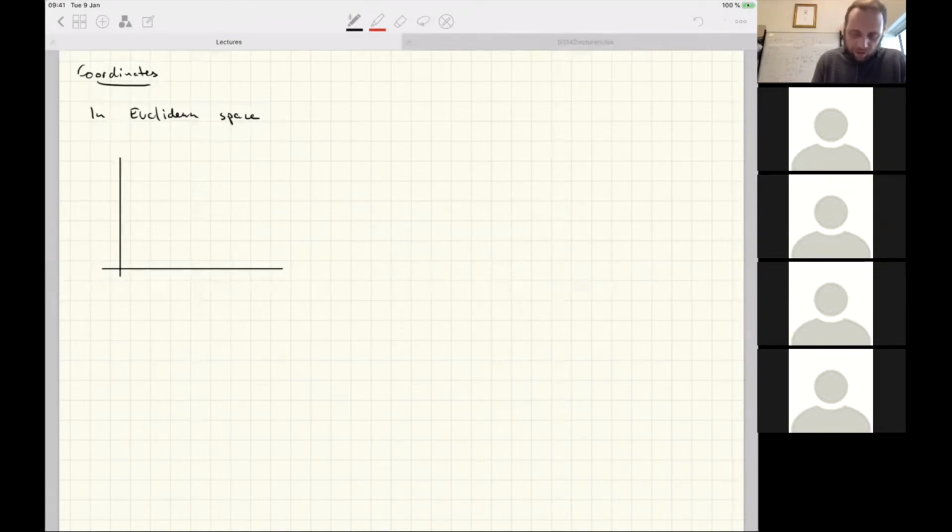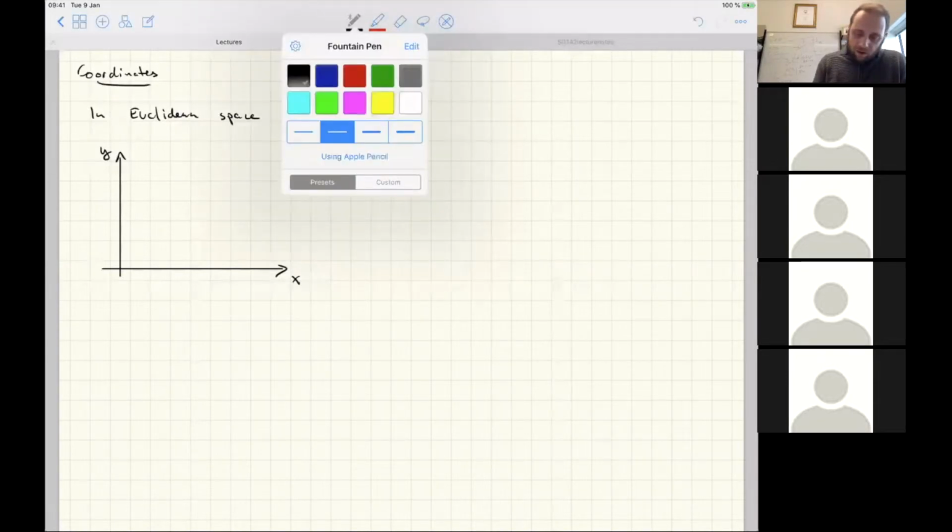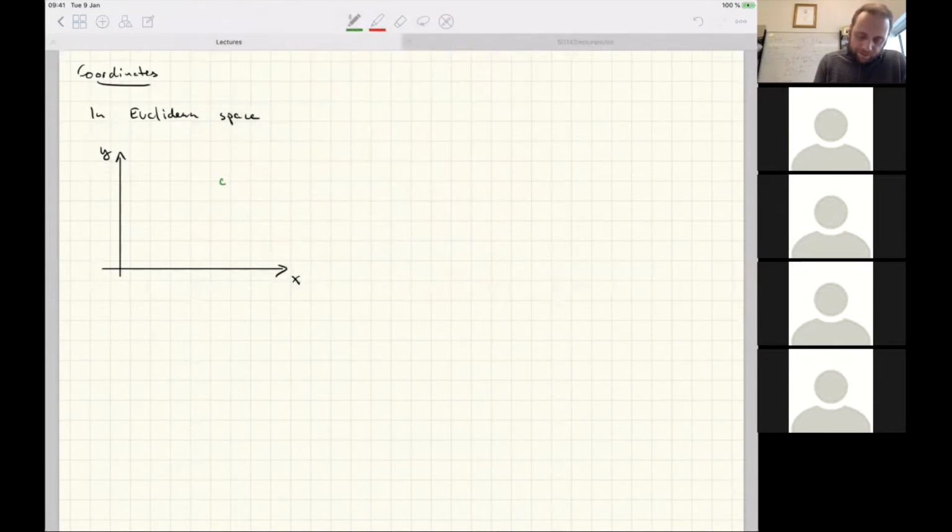But if we have 2 dimensions like this, you have the x and y axis. Essentially, if you have a point in this space, you can describe this point by the x coordinate and the y coordinate.